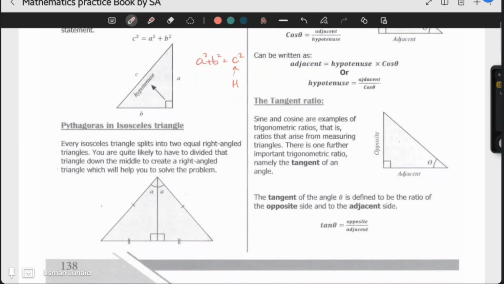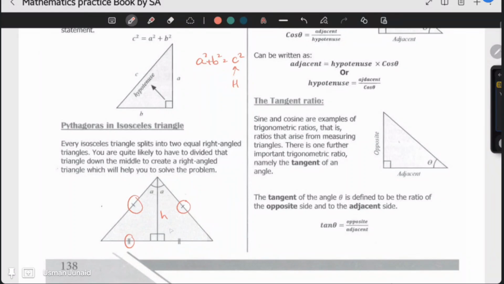Pythagoras theorem in an isosceles triangle means that this is where your right angle triangle is forming. So half of this is a right angle triangle. So the base, when you take half and you take this length, whatever the height is, you can find the slant height of this triangle.